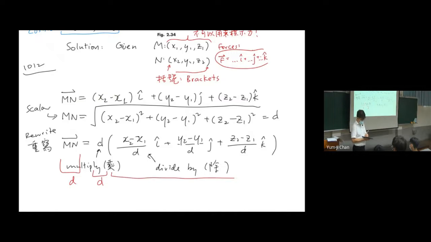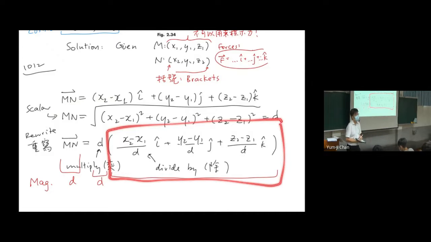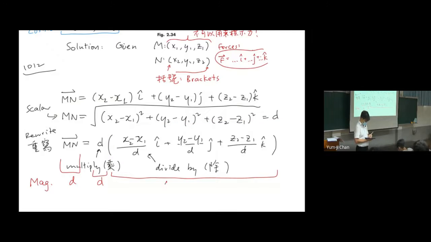So what is the magnitude of this vector? 1. Very good. So this one is a unit vector in the direction of MN.